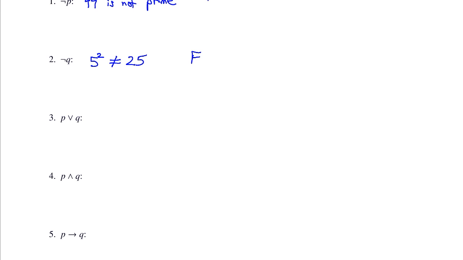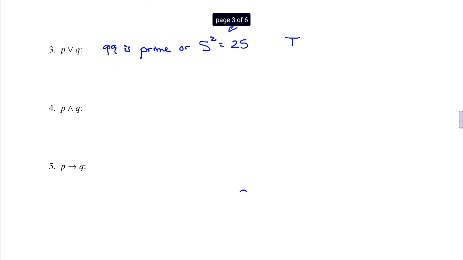All right, number 3. P or Q. That would be 99 is prime or 5 squared is 25. True or false? That one is true because this one was true. All right, number 4.